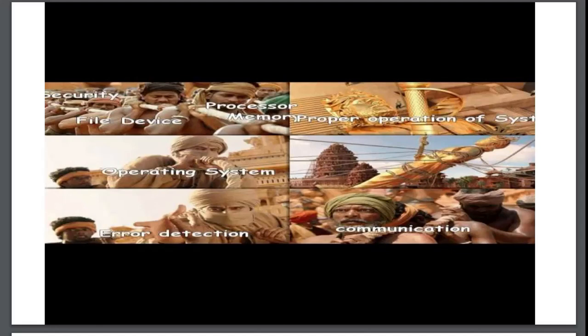I have illustrated that as the operating system, which pulls out all these functions. It may be the processor, memory operations, file, device, security operations, and you know in the last slide, he calls out the name, he identifies and calls the name Bahubali. So I have illustrated him as the communication, right?